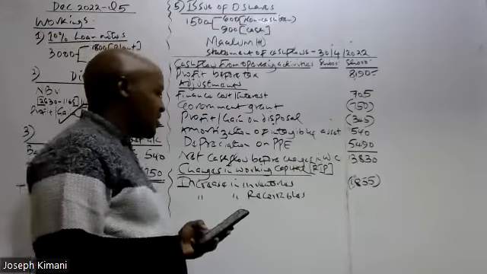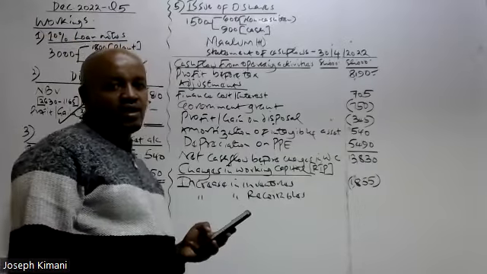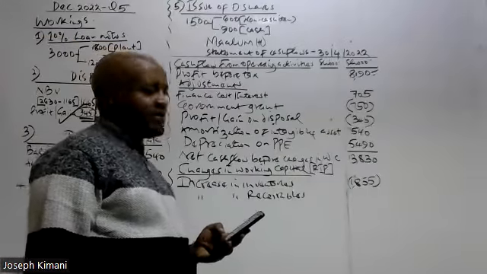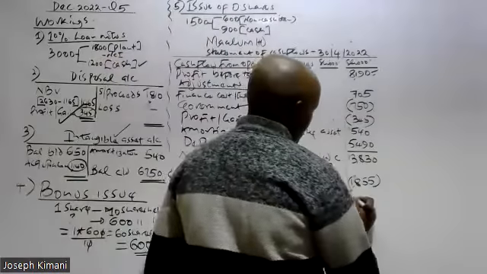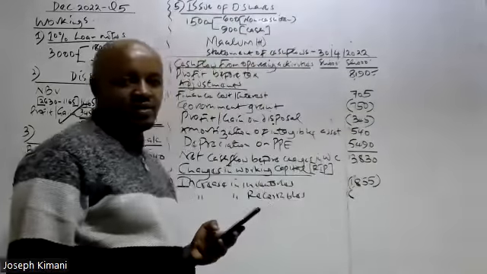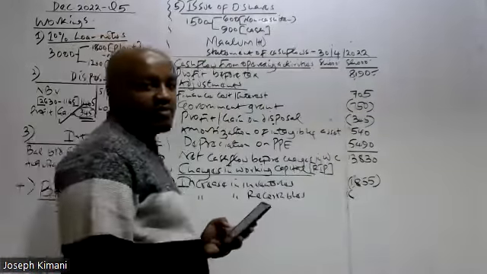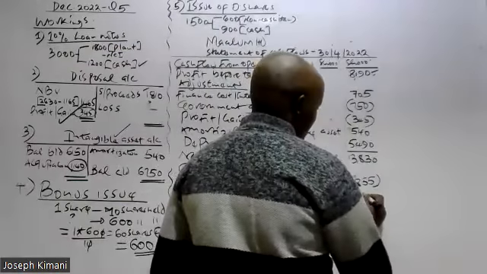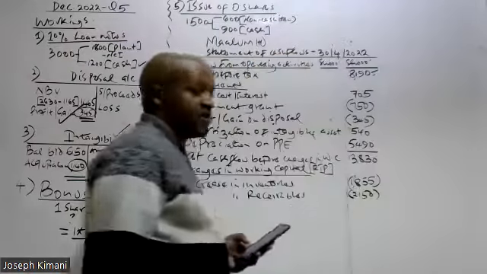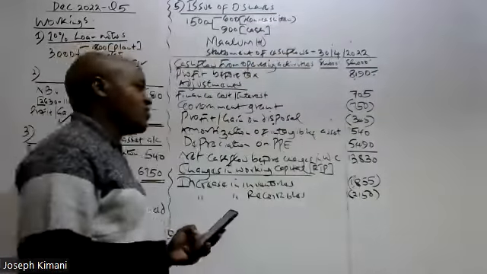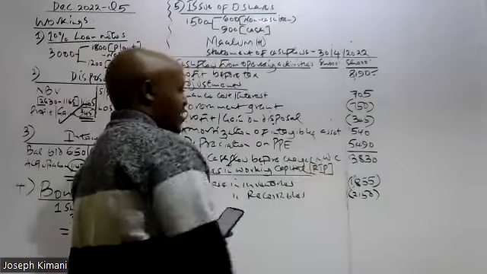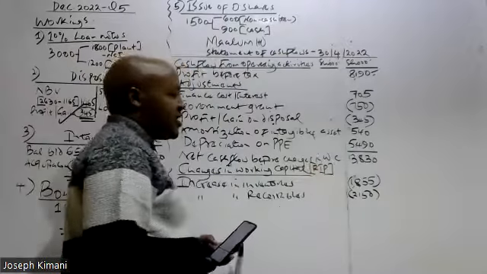An increase in receivables. How much is the increase in the receivables? I'm given here a figure of 2,150, which is still a cash what? A cash outflow.